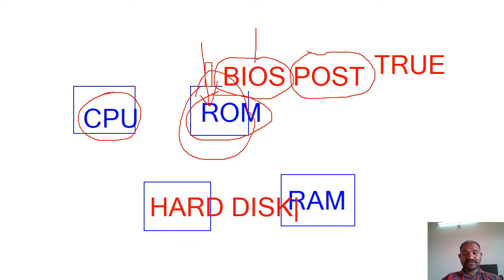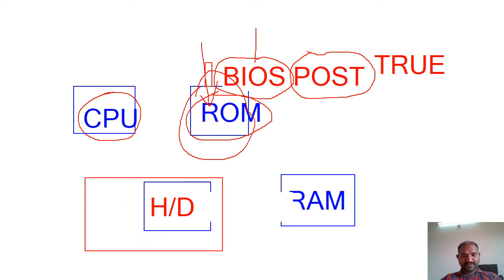Hard disk. Your operating system is there in the hard disk. Now let me go back. Inside the hard disk, let me redraw this hard disk a little bit bigger.